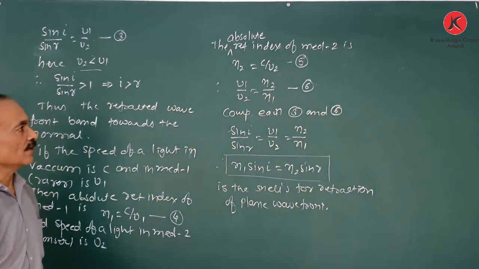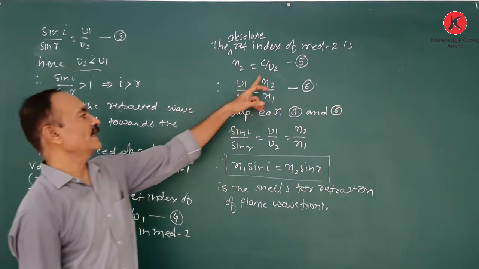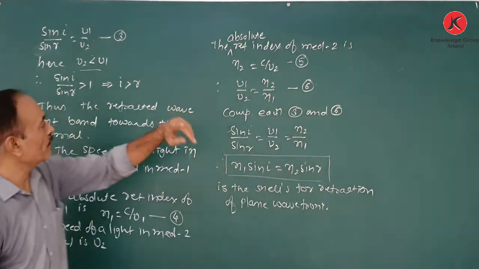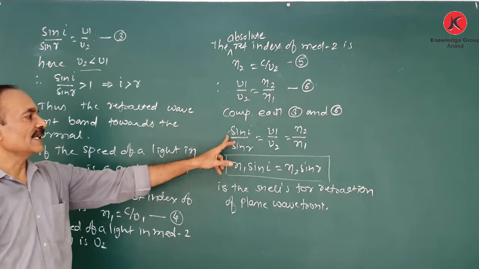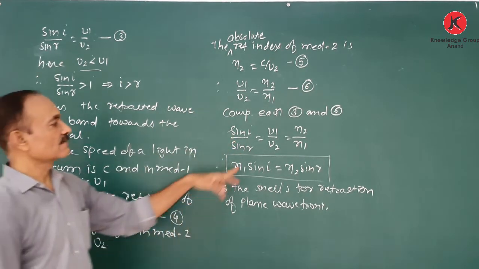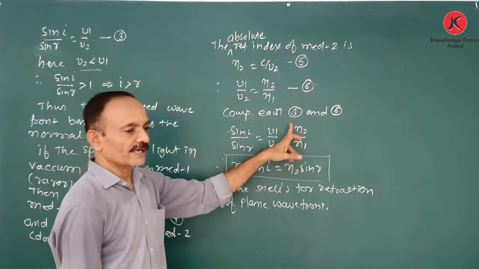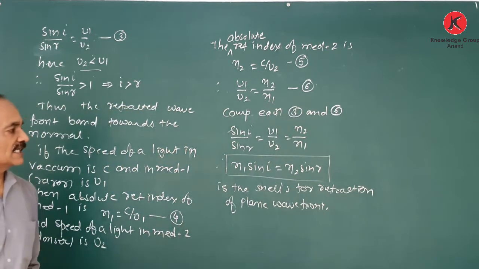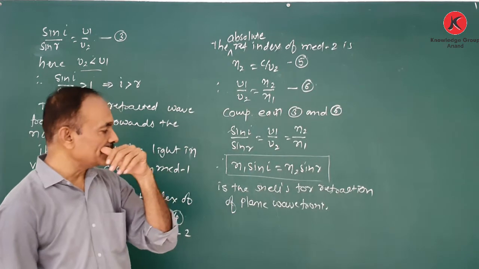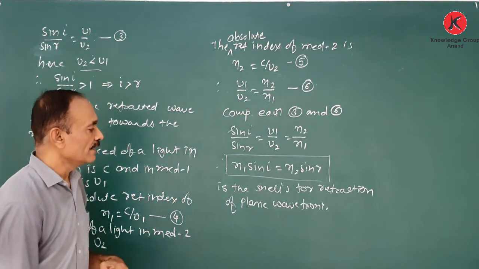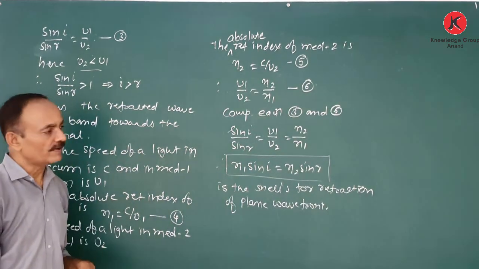Now taking the ratio of 5 to 4, we obtain N2 upon N1 is equal to V1 upon V2. Now compare 3 and 6, so we obtain sin I upon sin R is equal to V1 upon V2 is equal to N2 upon N1. This way, N1 sin I is equal to N2 sin R is Snell's law for refraction of a plane wave front.